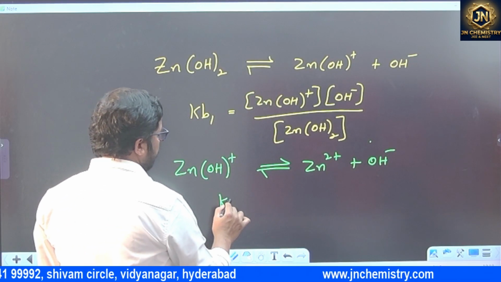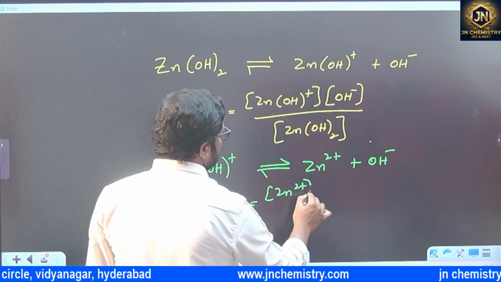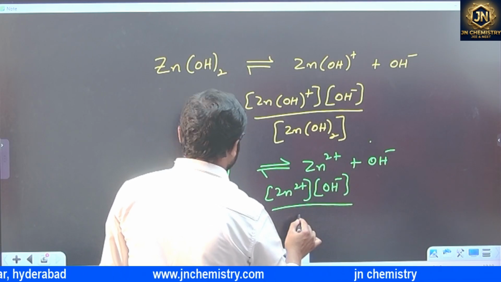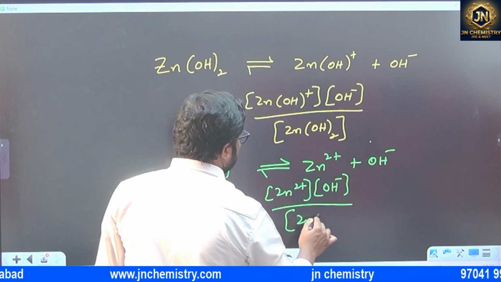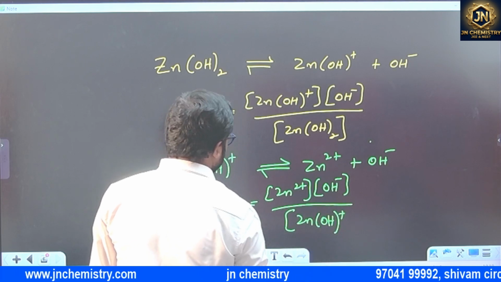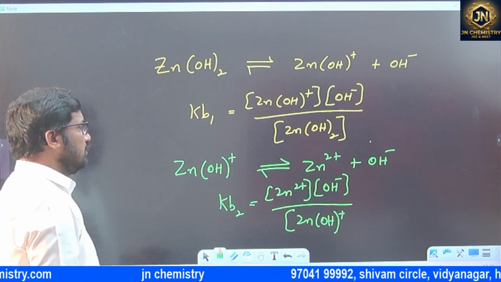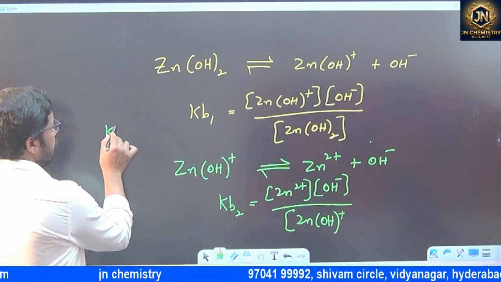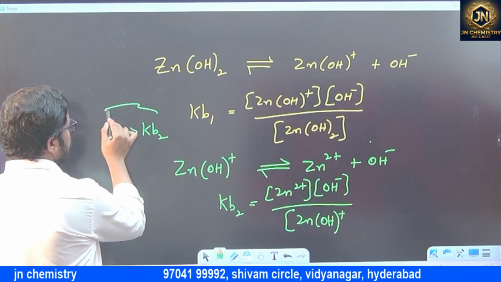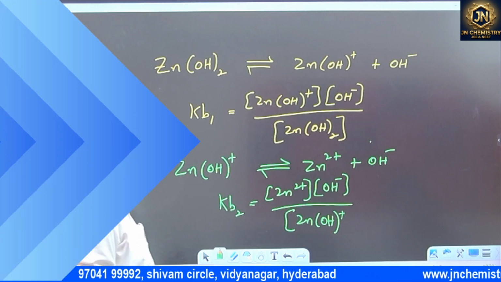So Kb2 is Zn2 plus times OH minus, divided by ZnOH plus. So same as Ka1, Kb1 is greater than Kb2.